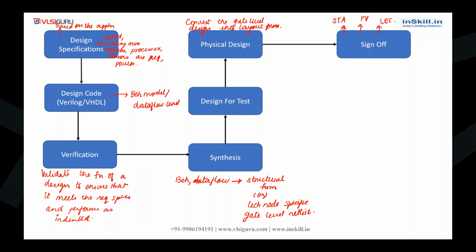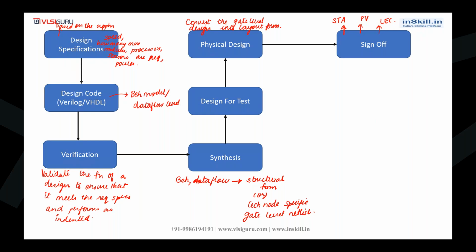So static timing analysis, STA, as its name suggests, is a method of validating the timing performance of a design by checking all possible paths for timing violations. So that is what static timing analysis, STA, is.